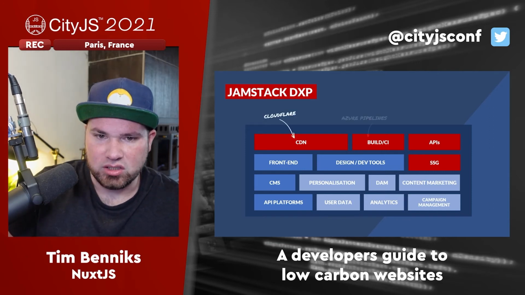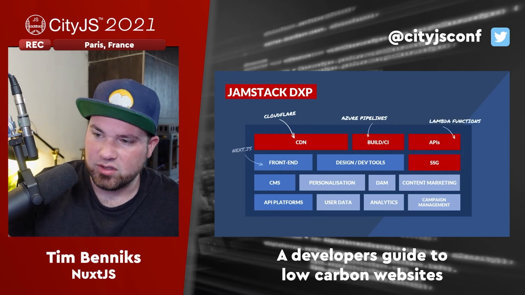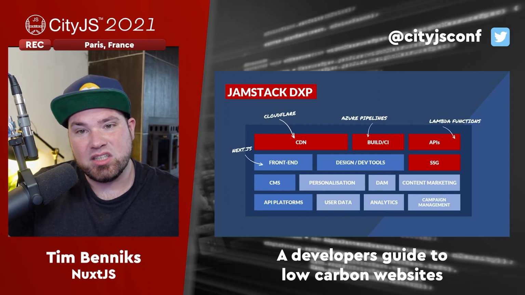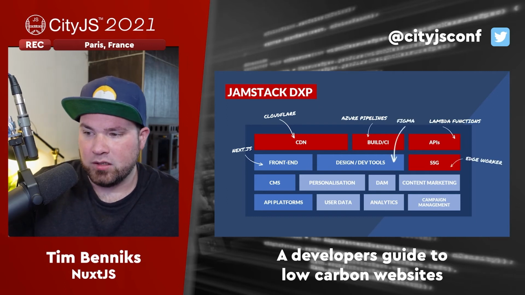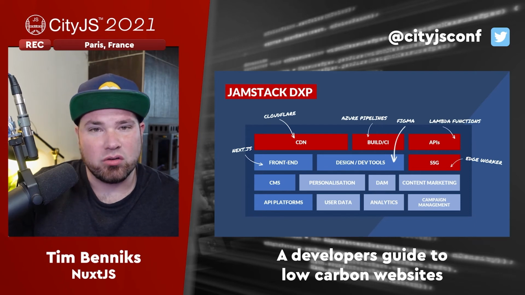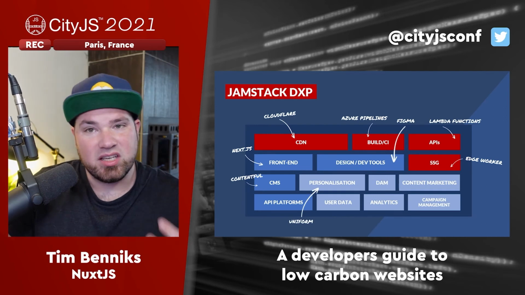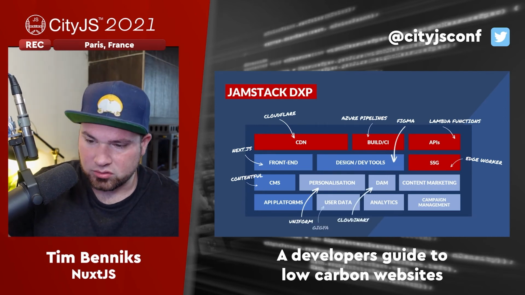We have Cloudflare. We can use Azure pipelines, Lambda functions. We can use Next.js or Nuxt, or Edge workers if we want for on-the-fly server-side generation of your static files. We can use Contentful as a CMS and personalization with Uniform, and on.